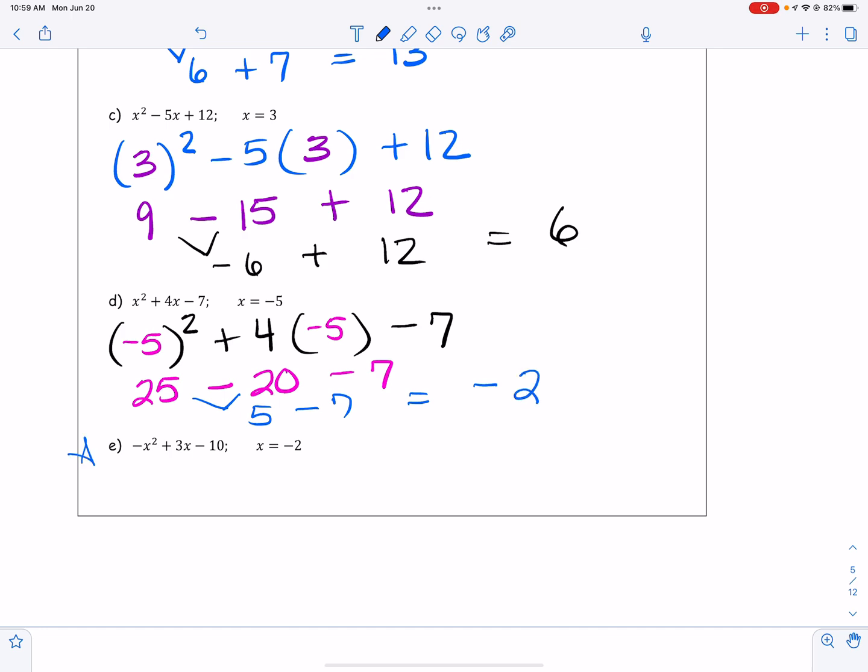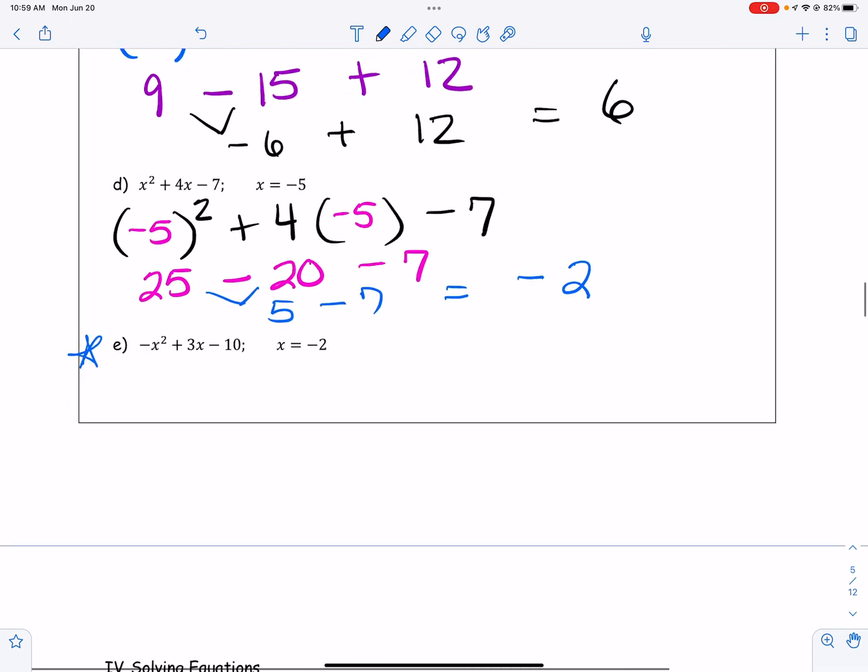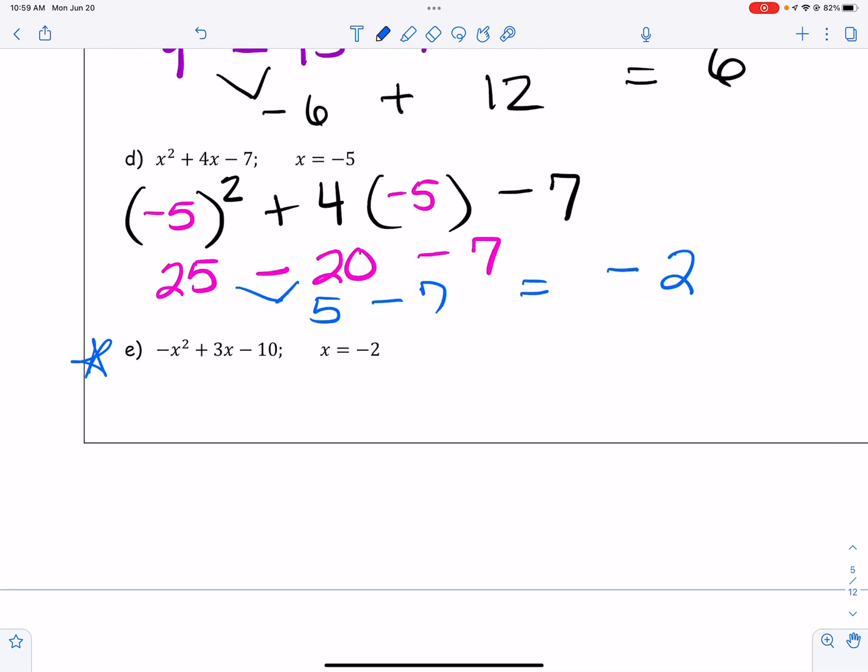Now, put a star next to this one, because if you see a negative sign in front of a variable, that means that there is a -1. I want you to write that -1, because some of you are going to miss that sign, and you will be less likely to miss it if you have a number there. So I'm going to write -1 parentheses for x squared plus 3 parentheses for x minus 10.